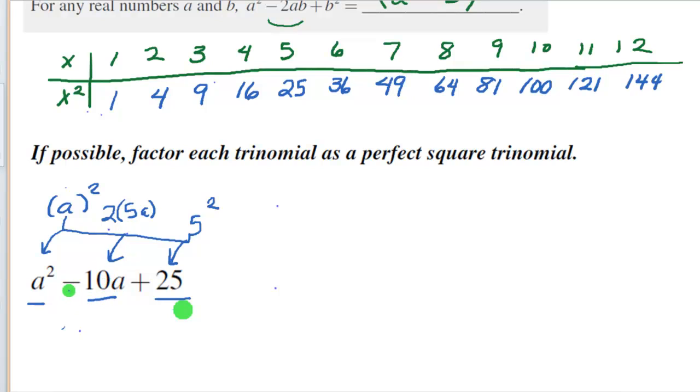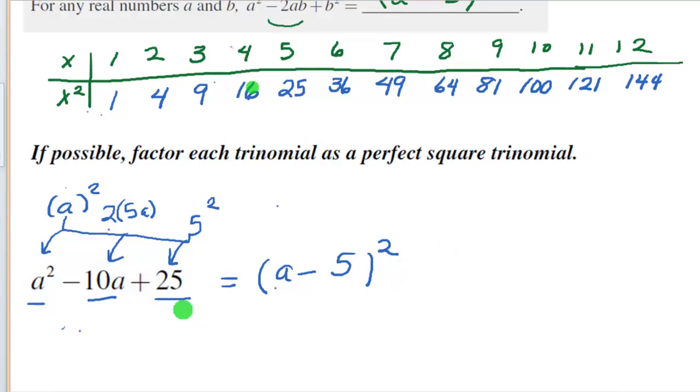And because we have a negative here, we know that our factor is going to have a negative, and that this is a perfect square trinomial. So it is a binomial squared to get this trinomial. And what did you square? A minus 5.